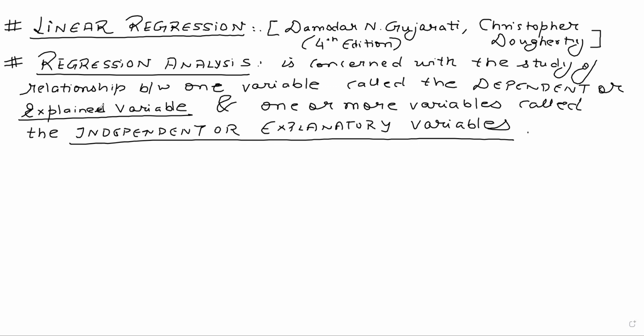That means, guys, in regression analysis we will only have one dependent variable, but we can have one or many explanatory variables. But all of you need to understand, regression does not mean causation. It does not mean that the explanatory variable is causing the changes in the dependent variable. Regression analysis will only capture the relationship between the two.